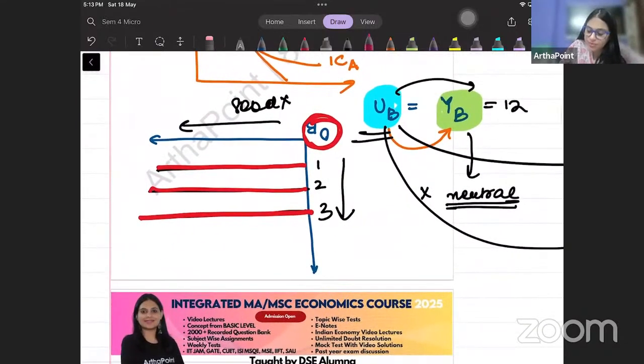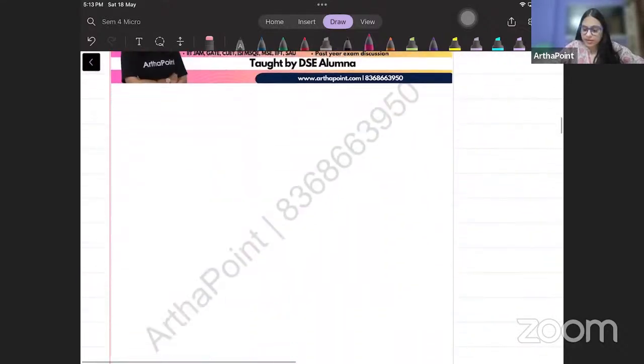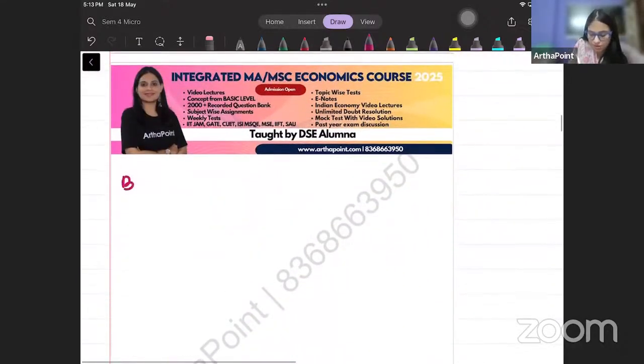देखो, B is getting utility only from good Y. So now I will write a statement. Write it with me.